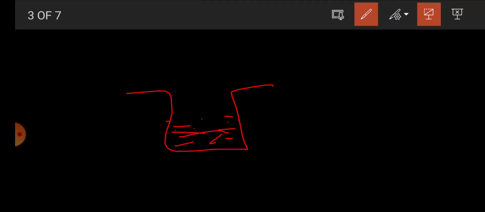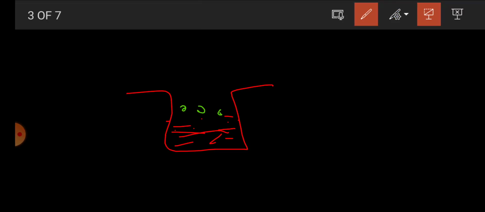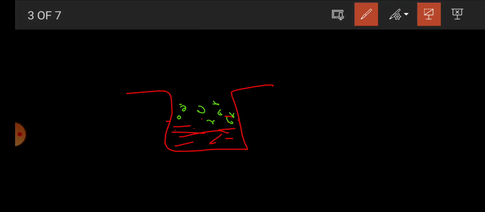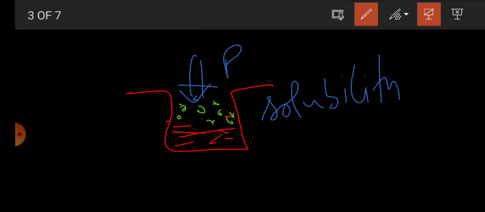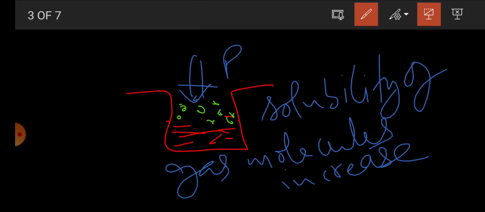If we have solvent molecules and molecules of the solute, and when we increase the pressure P, then the solubility of gas molecules increases in the solvent.